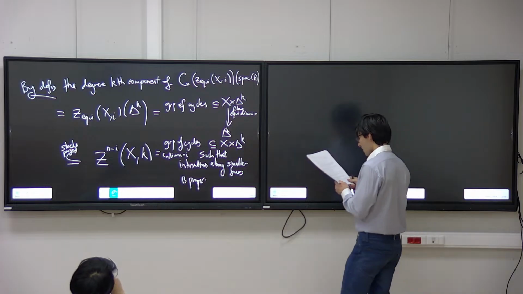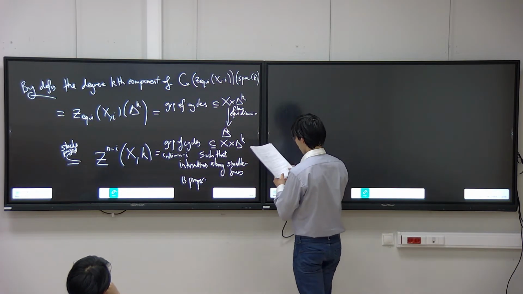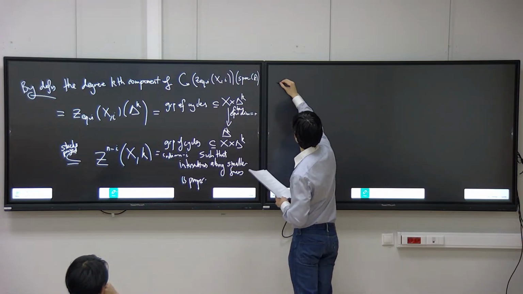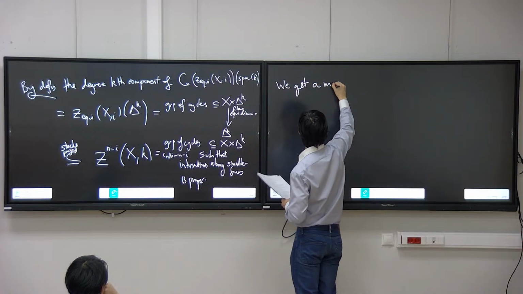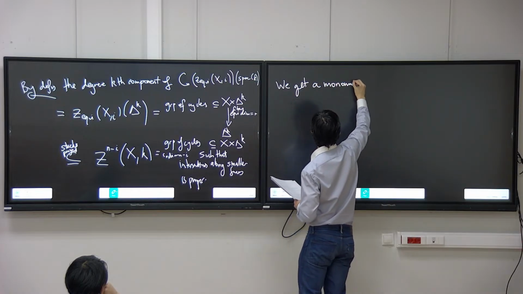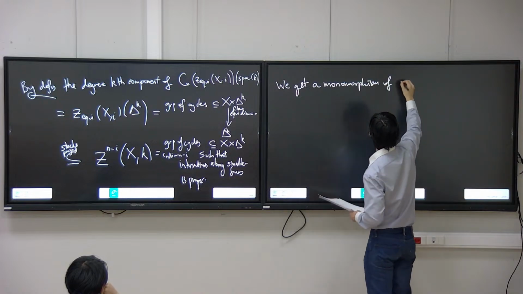So we have this kind of monomorphism. We get a monomorphism of cycles, of complexes.